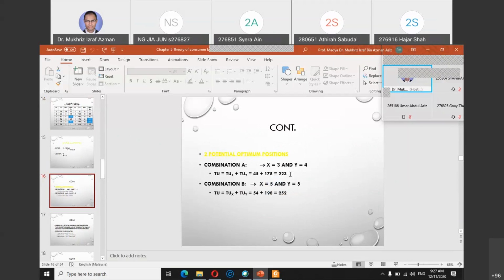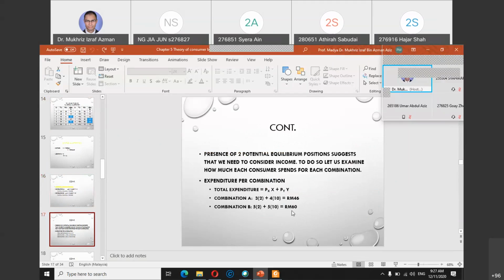Combination A gives you 2 to 3, combination B gives you 2 by 2. But the cost to consume A will cost you 46 ringgit, while to consume B you need to pay 60 ringgit. So different combinations give you different costs, and you need to pay more for combination B.